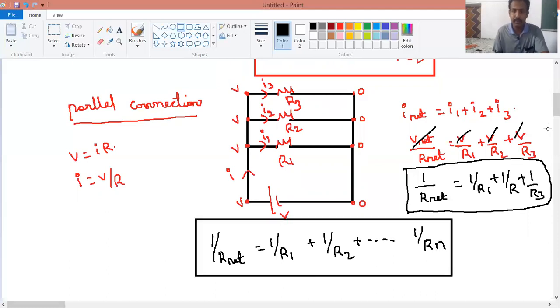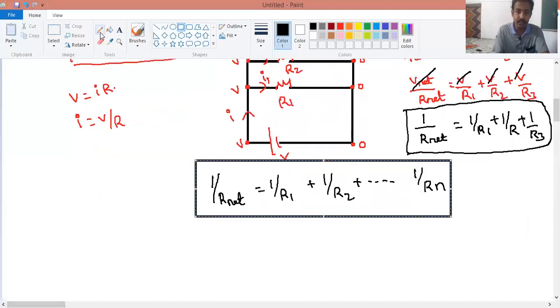If someone asks what the total current flowing in the circuit is, then the total current passing through the circuit is I equal to V by R net, or as I said, V by R equivalent. So this is what happens in parallel connection.